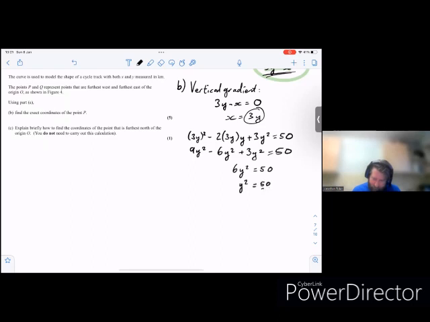Y squared equals 50 over 6, which is 25 over 3. So y equals plus or minus the square root of 25 over 3, so 5 over root 3. And x equals 3y.